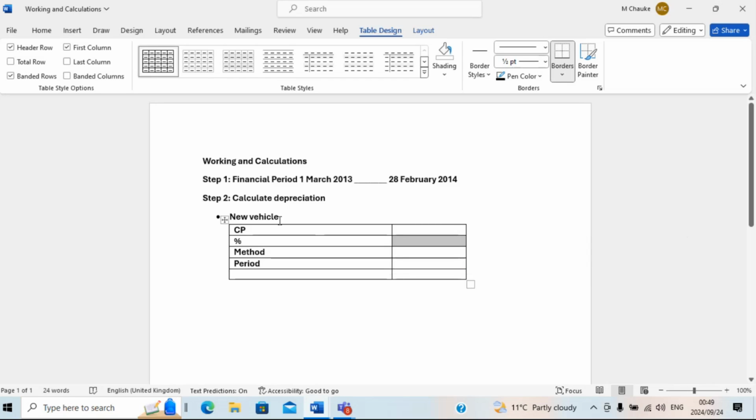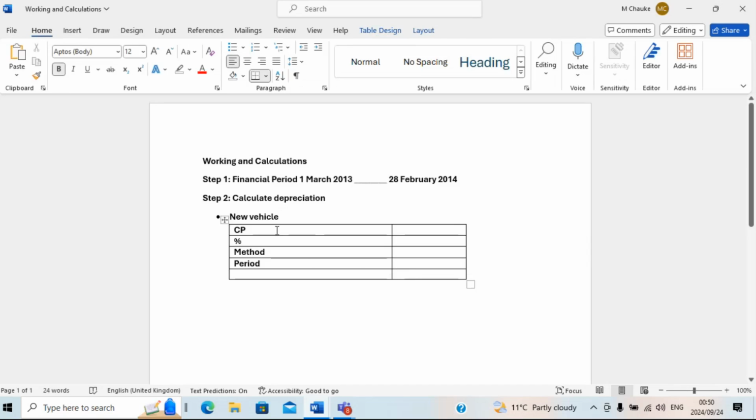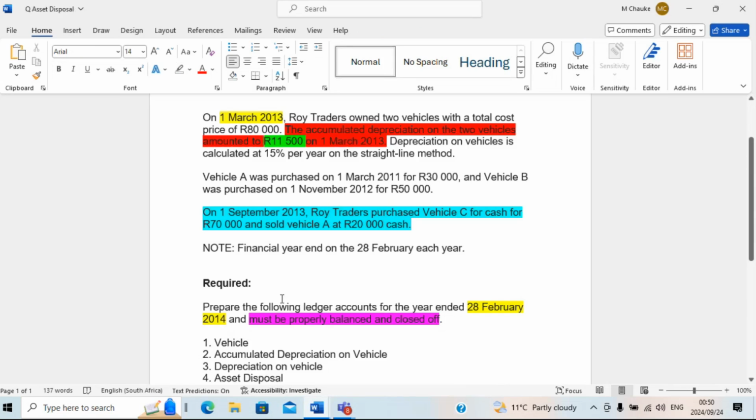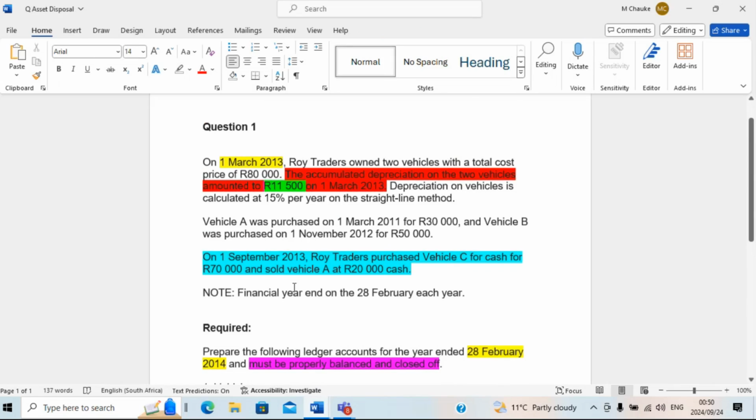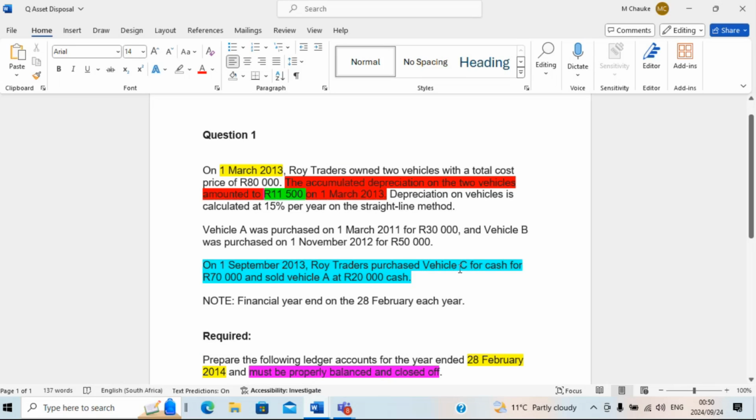Now this is what is going to help us calculate our depreciation correctly. Remember, we are starting to calculate depreciation for the new vehicle. That's how I prefer, and how I believe most of you will understand it. So now let's go back to the question. On the question here, they say we bought a new vehicle, which is vehicle C, for cash, 70,000.